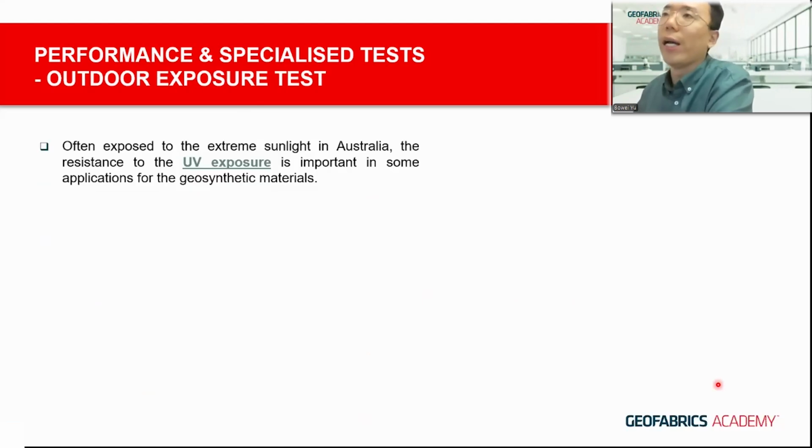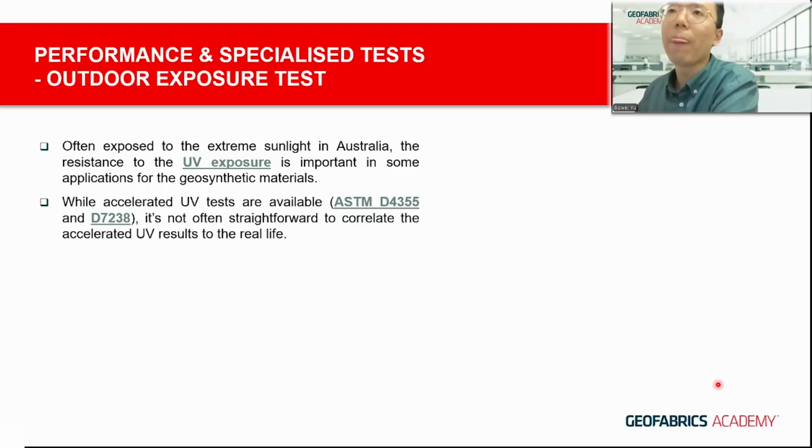And here in Australia, another often requested question is, is your product durable when exposed outside, due to different kinds of reasons? This is because of the very harsh UV environment we have in Australia.